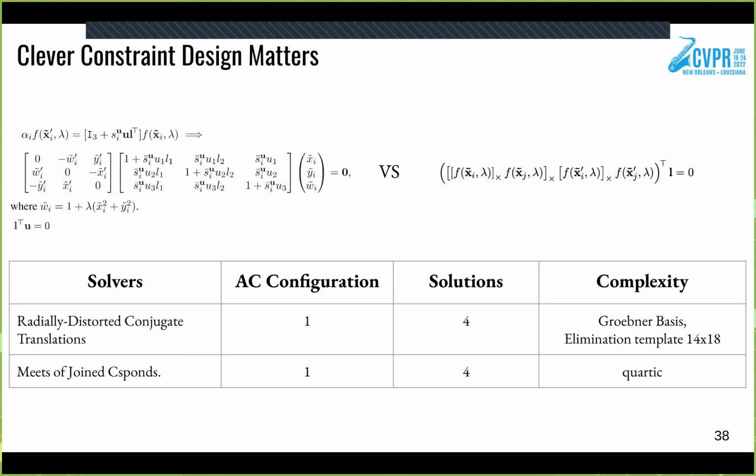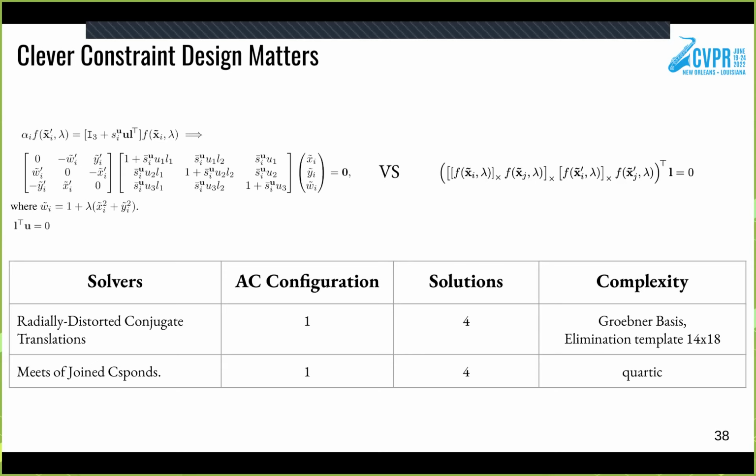So the idea is that in terms of choosing how to design the solver, you have the left versus the right. These are the different constraints that were used, and it shows that clever constraint design matters.